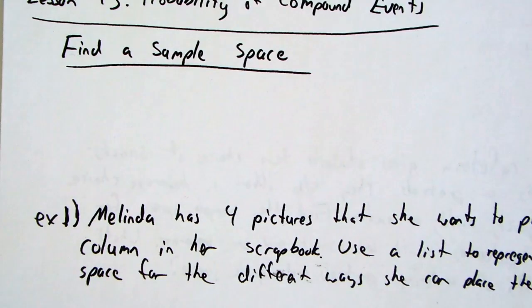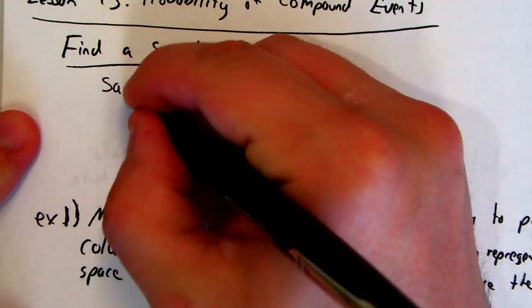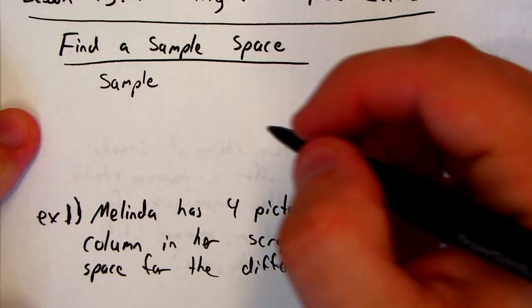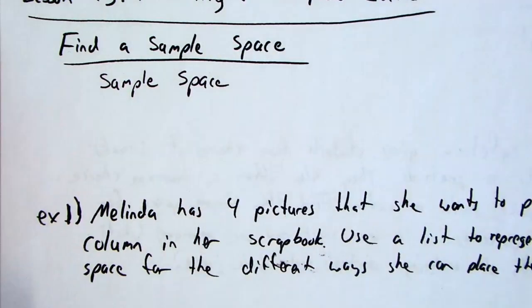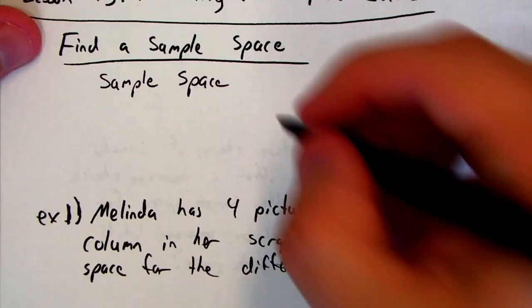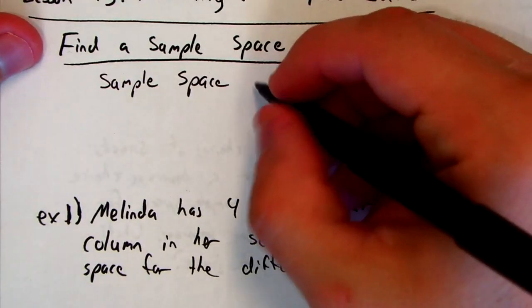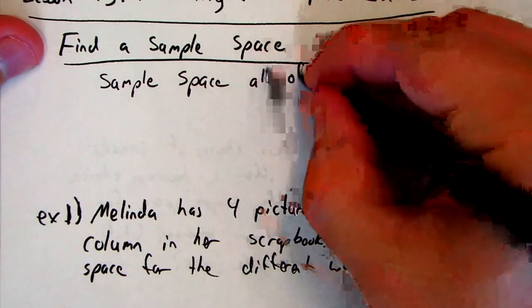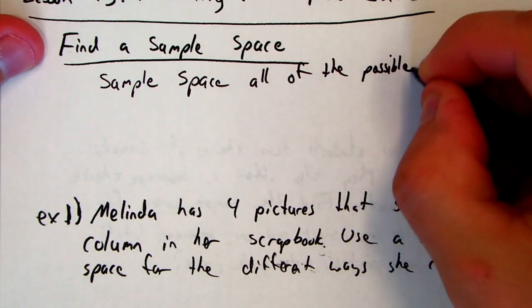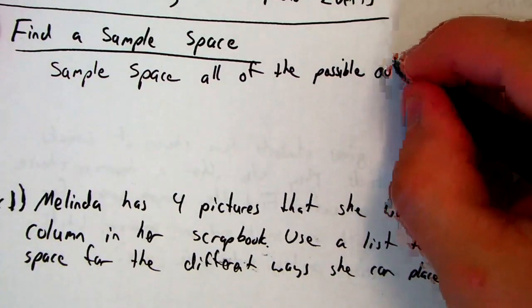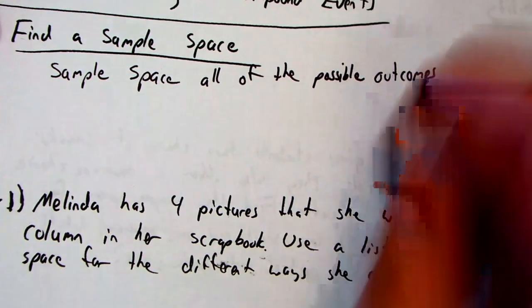So, first of all, a sample space is all of the possible outcomes. A couple of ways that we can do it.